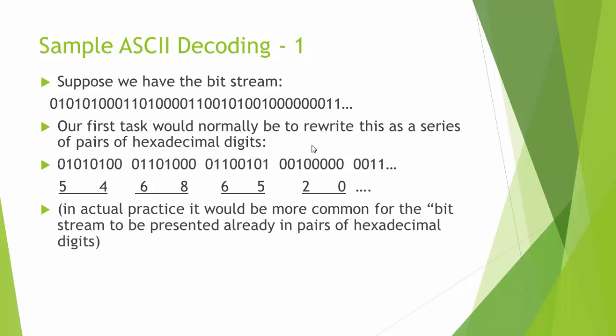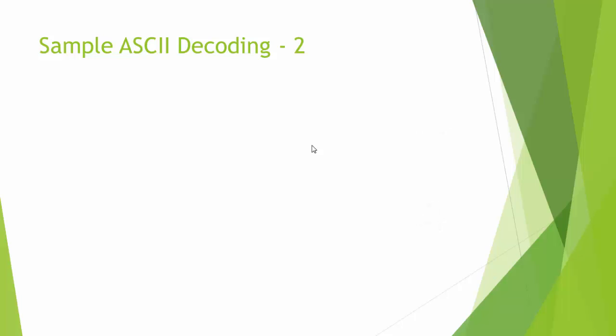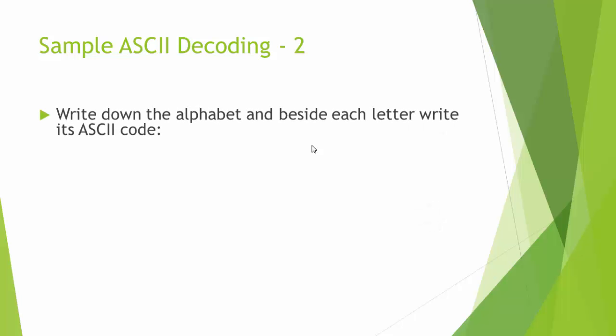Now, it is very common to see the bit stream already represented in pairs of hex digits. So that byte is a 2-digit hex character. We'll often look at binary just as an important exercise for better understanding of these things. So then we have our problem.